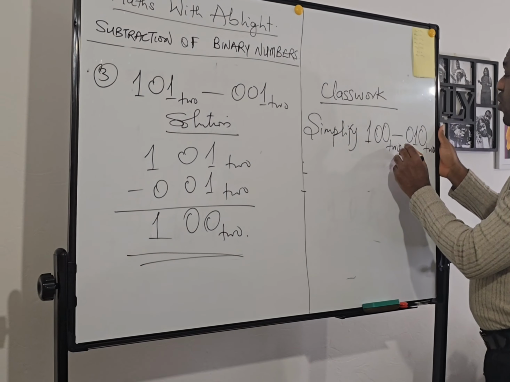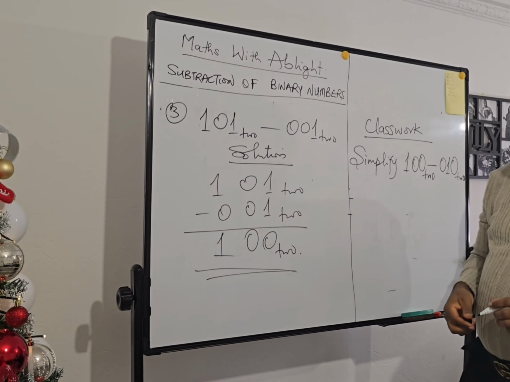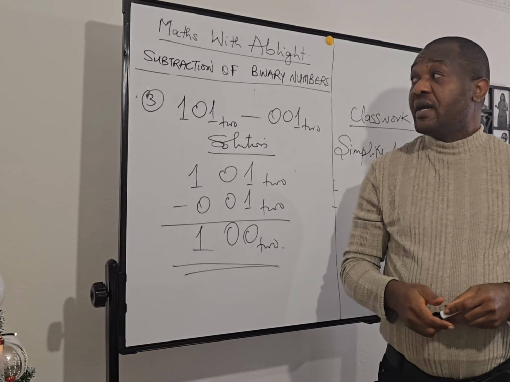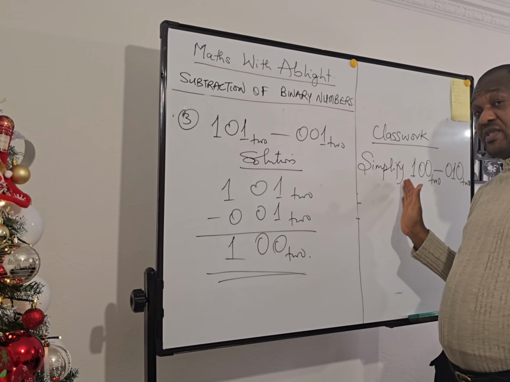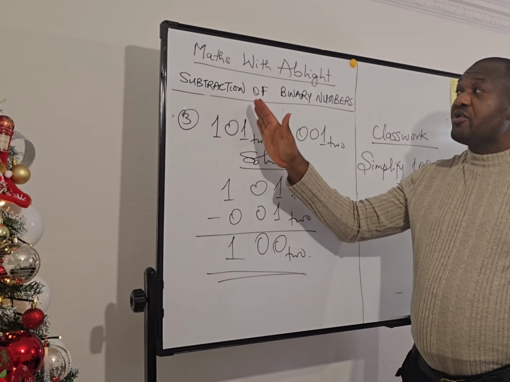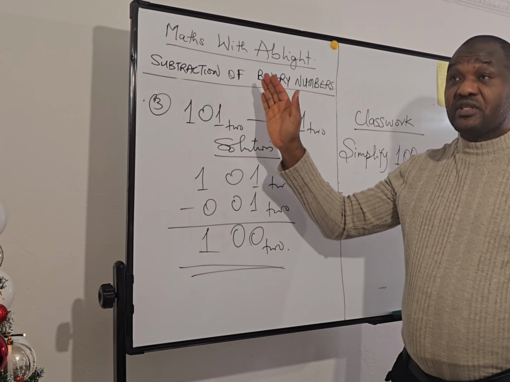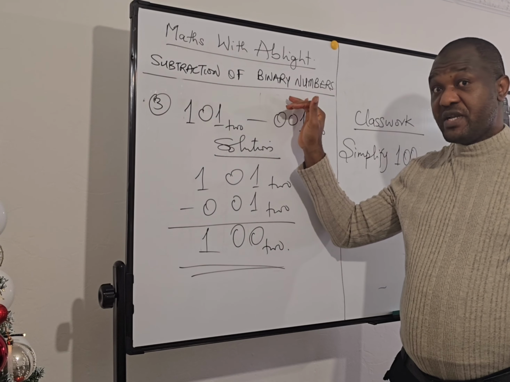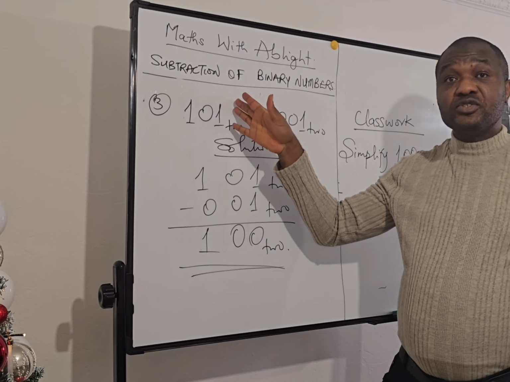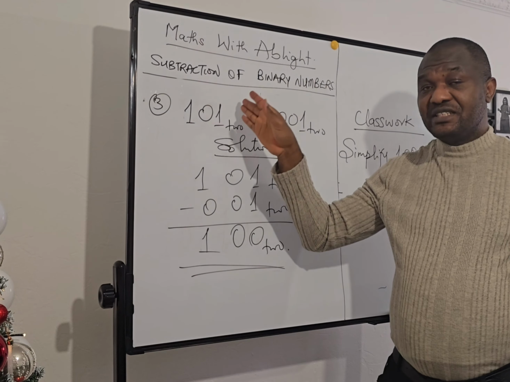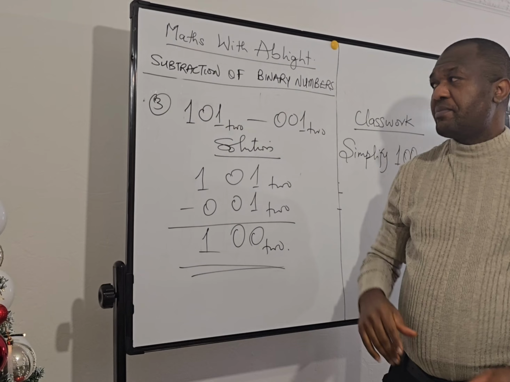Do this at home, and in the next class, in the next video, I'm going to do that correction, give you more examples of subtraction and addition of binary numbers, and then we'll go into multiplication and division of binary numbers.